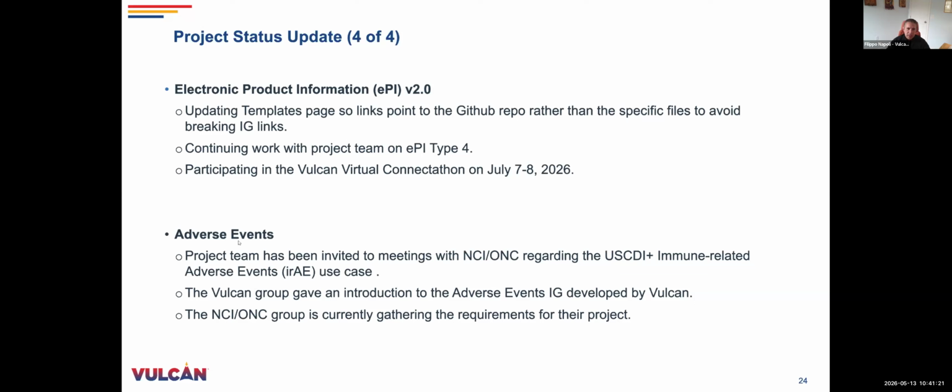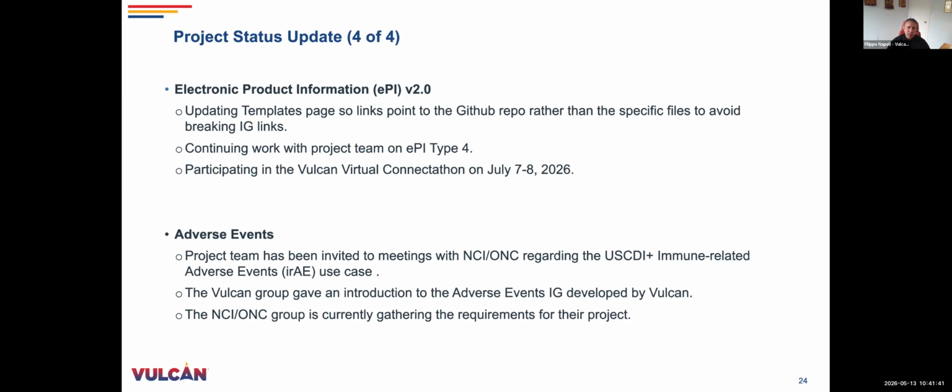And the other update I wanted to give was about adverse events. The project team was invited, and it started last week, to some NCI ONC meetings. They call it USCDI plus immune-related adverse events use case.